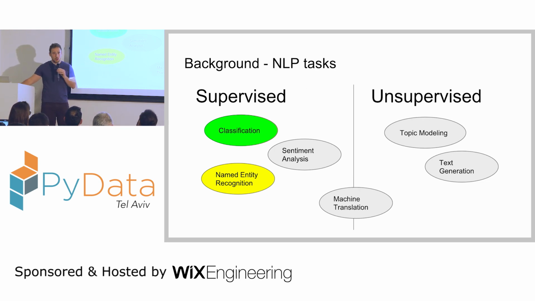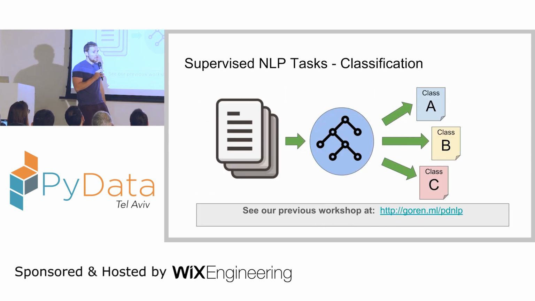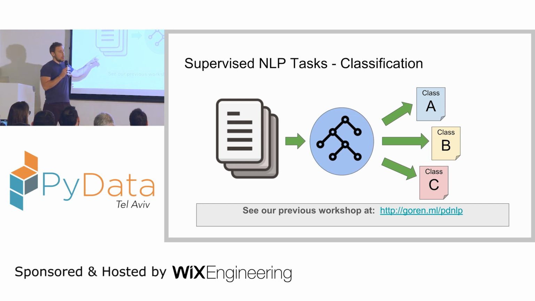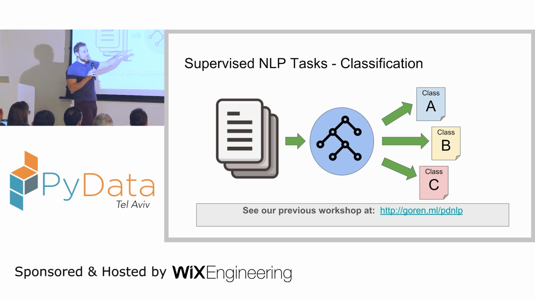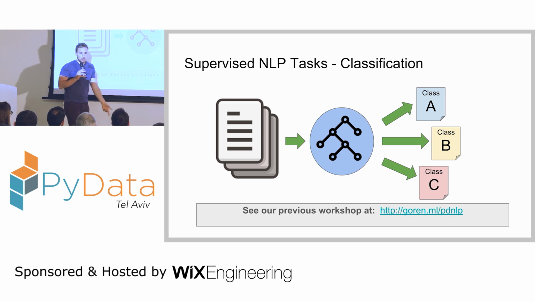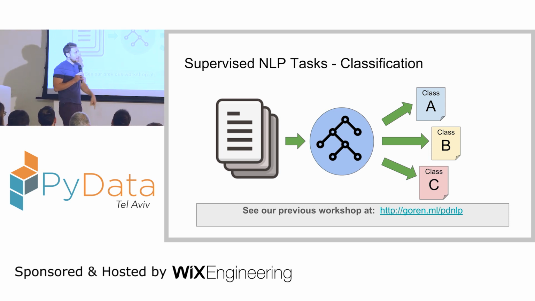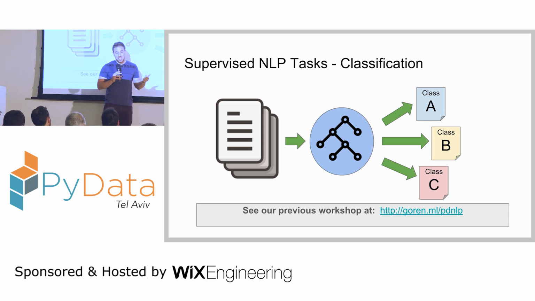So, a brief overview of supervised NLP tasks. The first one, and by far the most common one, is text classification, in which I have a lot of documents. I train some kind of model, and the model needs to predict what class the document belongs to. It's really important to note that I know all of the possible classes in advance.